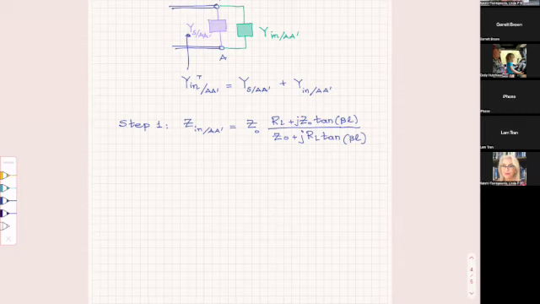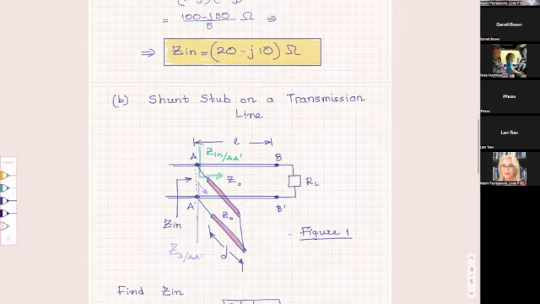Now let's assume that L here is lambda over 2.